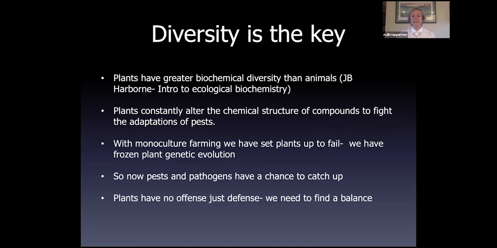And diversity is the key. Plants have more biochemical diversity than animals. Part of that's probably because they also have to be proactive and defensive because they can't move anywhere. They have a lot of defense mechanisms, and they produce a lot of really interesting chemical compounds to fight off diseases and insect pests.